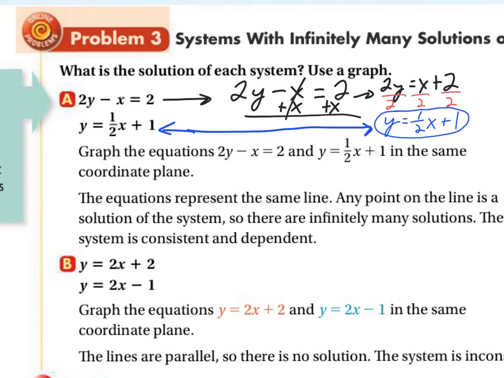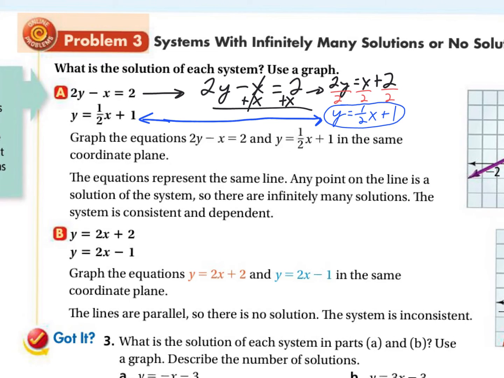So really, once you've done that, you could use your calculator if you wanted to, but since the lines are going to be the same, they're always going to be intersecting each other. And so that means we have infinitely many solutions. You can see the graph off to the right there. And if they asked us to name it, we would say consistent and dependent. Dependent because it has an infinite number of solutions.